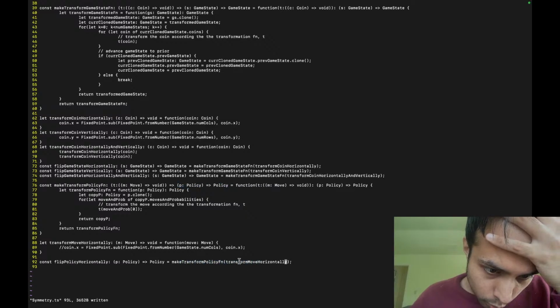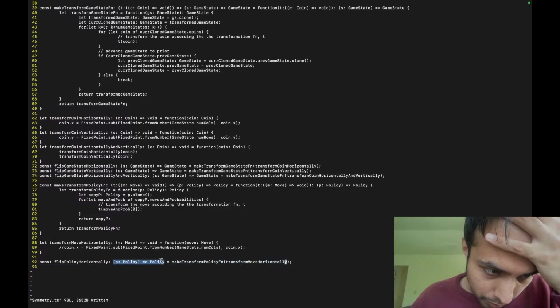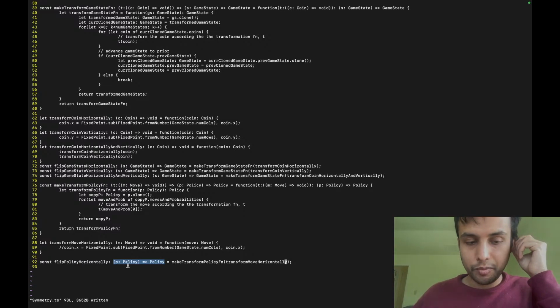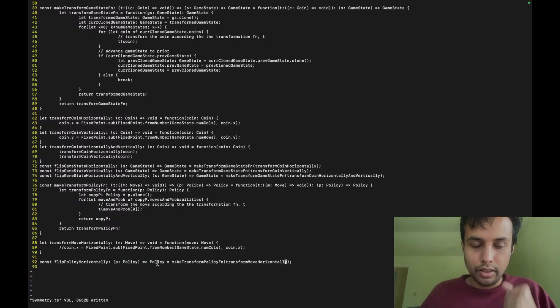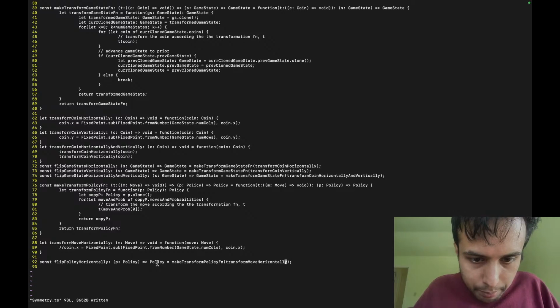So we pass in the consumer of the move, and we get as a return type something that maps from policy to policy. And that's flip policy horizontally. Flip policy horizontally is a transformation from policy to policy. So the types make sense. Okay, good. So now transform move horizontally.